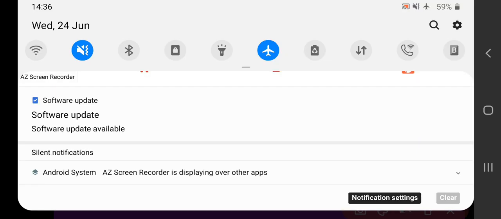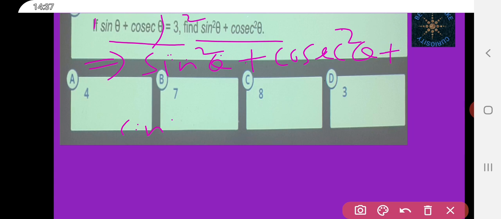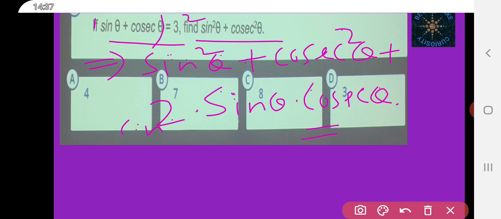If you take square both sides, then you get sin square theta plus cosec square theta plus 2 into sin theta into cosec theta is equal to, right side is your 9.